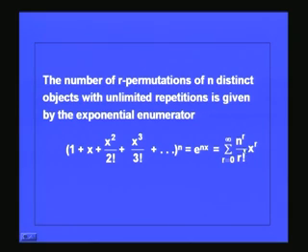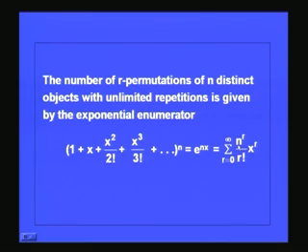So, looking at it as an exponential enumerator, this gives the number of ways of permuting r objects out of n objects with unlimited repetitions. This you can very easily see.